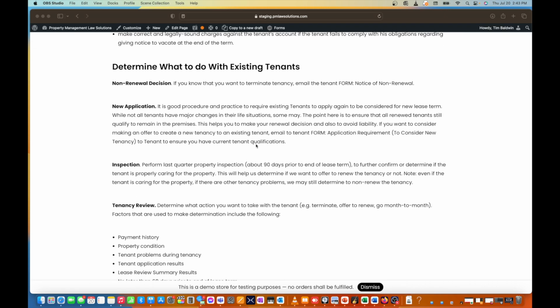So what are we determining whenever we look at the end of the lease? Well, we're determining, again, what to do with the existing tenants. Are we going to renew or non-renew? Does the tenant want to renew or non-renew? And if we do in fact want to renew, on what term do we want to renew the tenant?